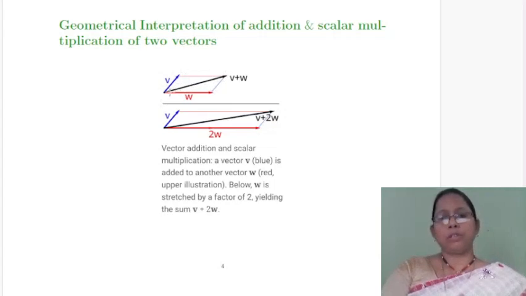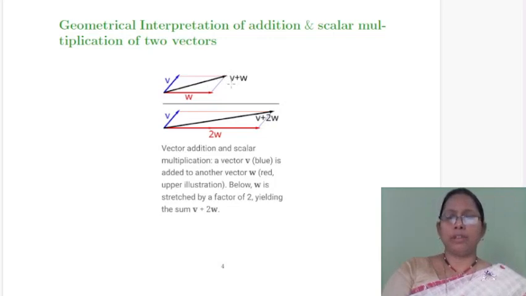You move starting from the initial point of the red color vector. Then this vector parallel to this will represent the v vector. Then if we move in this way, starting from the left side in an anticlockwise direction, then this resultant, that is the diagonal, will give the addition of the vectors.